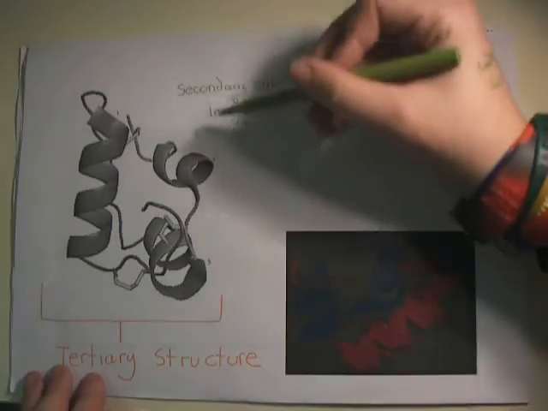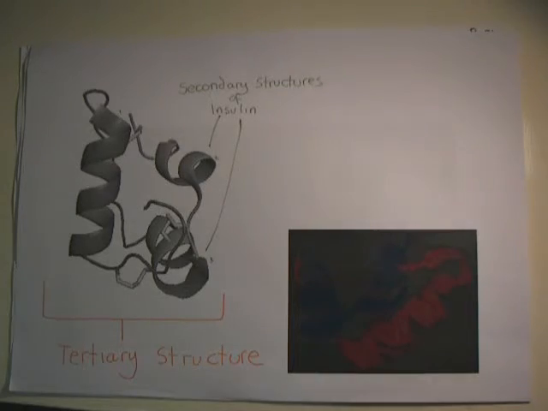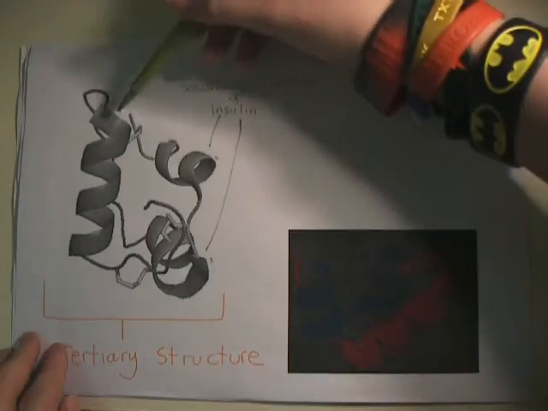The A chain of the insulin forms two secondary structures: two short alpha helixes which lie alongside one another, and the B chain which contains one secondary structure, a long alpha helix. These chains are held together through the use of disulfide bridges.